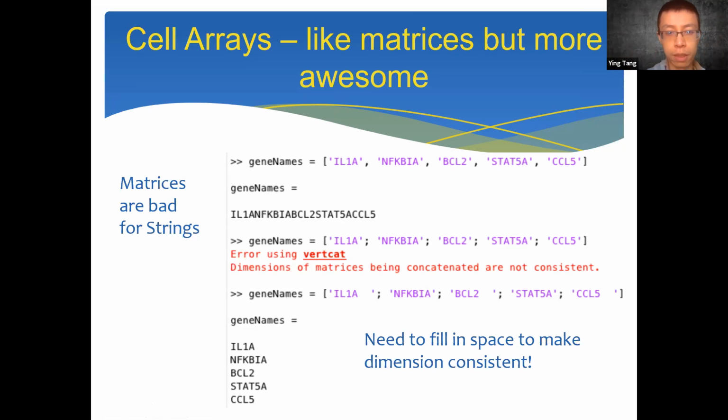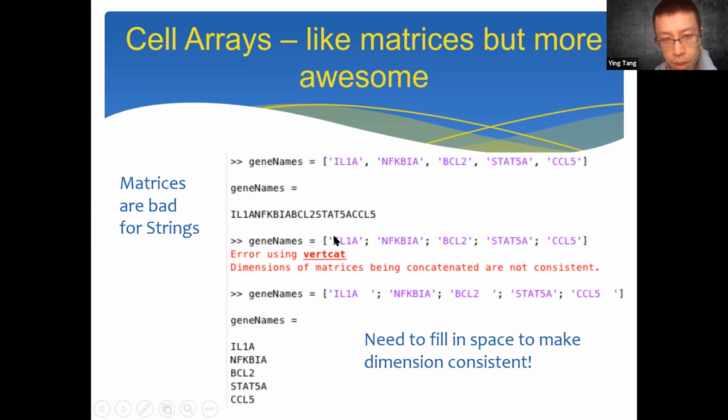Each row will be a gene name. If you try that, you see that it will not be concatenated, because each row of the vector in this matrix has a different column number.